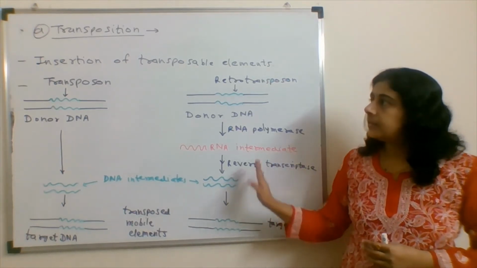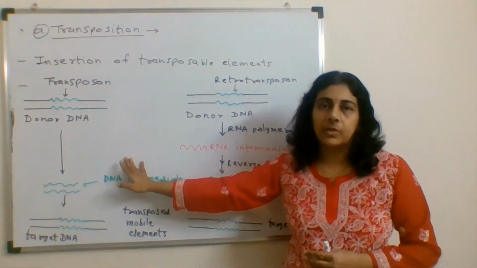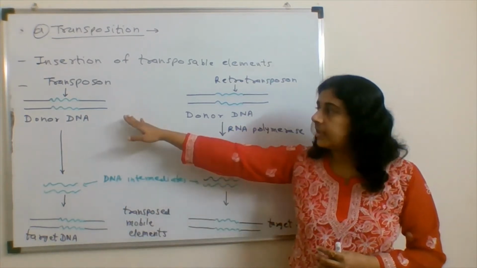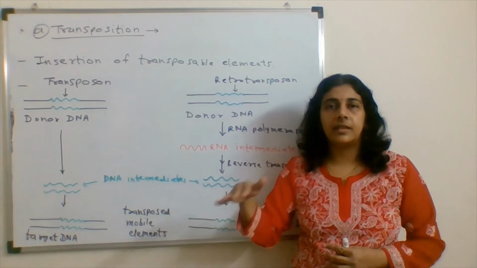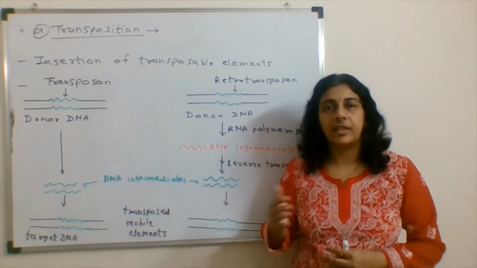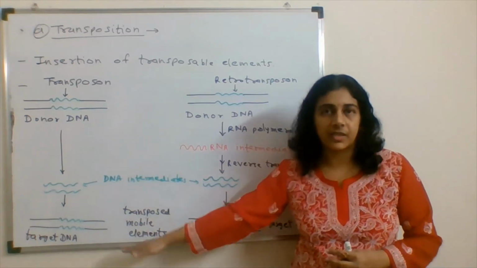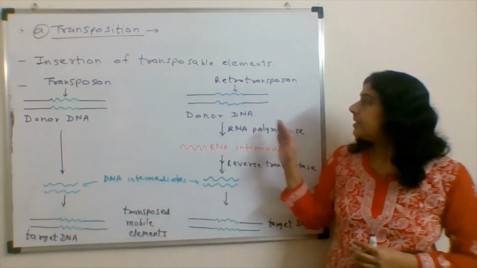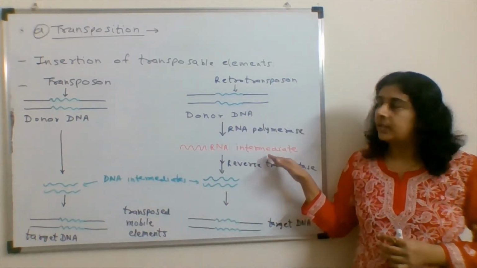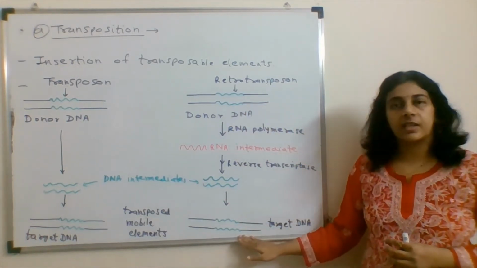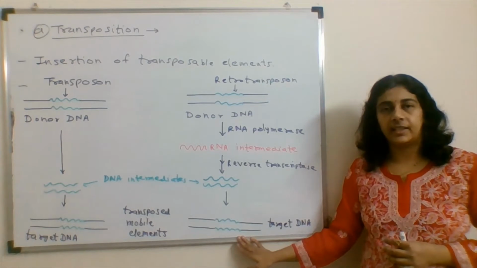When we say transposon, this is a cut and paste mechanism. At the initial site, there is no transposon present after it gets transposed, meaning it gets transferred. Whereas in the case of a retrotransposon, a copy of the transposon gets transferred to the target DNA.